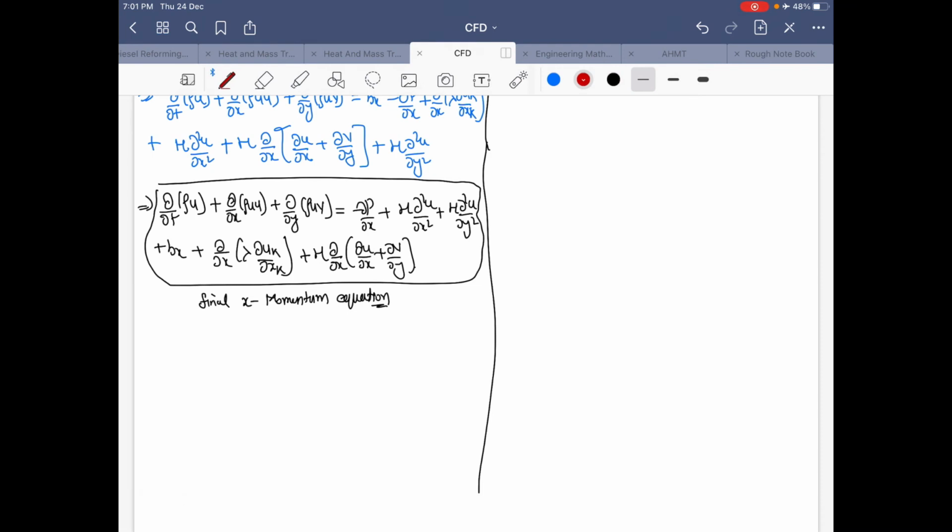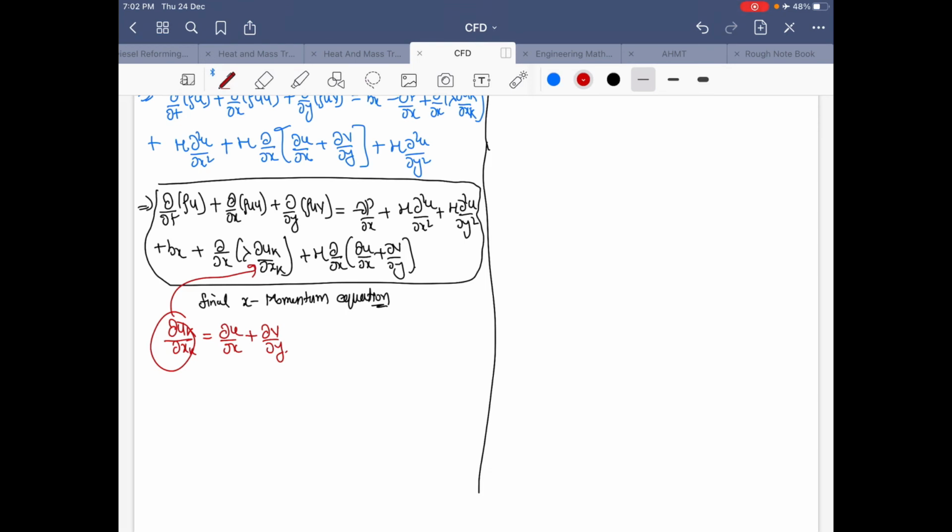And basically the term which I was mentioning previously, that is μ derivative of uk by xk, this is equal to ∂u/∂x plus ∂v/∂y. Okay, so let's not put it here.